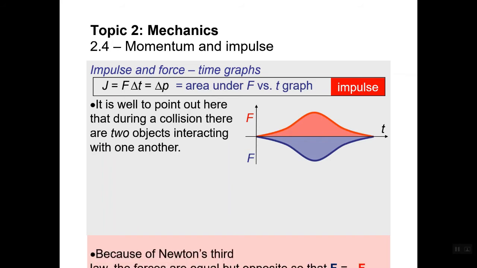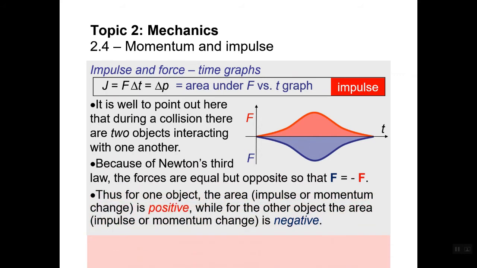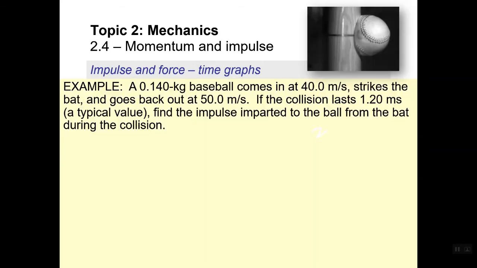Because of Newton's third law, the forces are equal but opposite, so that F equals minus F. Thus, for one object, the area is positive, while for the other object, the area is negative. That means the rate of change of momentum of one object is equal and opposite to the rate of change of momentum of the other object while they are colliding.